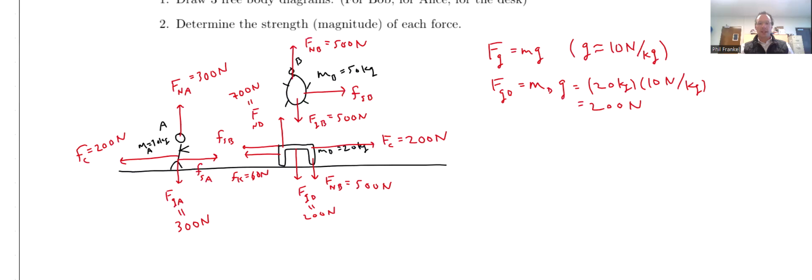So this is where a new technique comes into play. It's the idea of identifying a system that you then apply Newton's second law to. And I'll tell you what I mean by that.